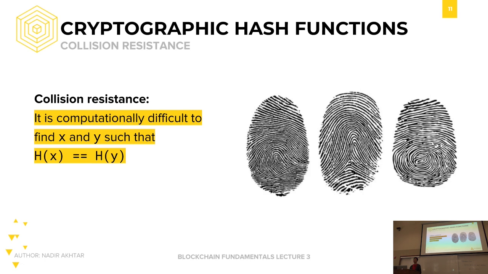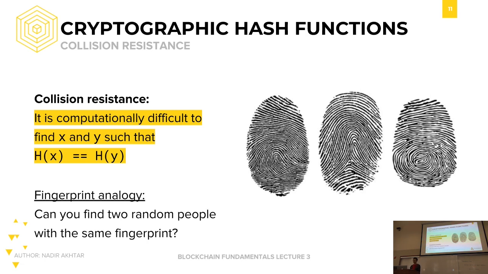Collision resistance is saying that in the general sense, we don't want any pair of inputs to ever collide with each other, right? In reality, you'll always have collisions, but we want it to be difficult to find these collisions. The fingerprint analogy for this is, can you find two random people with the same fingerprint, right?